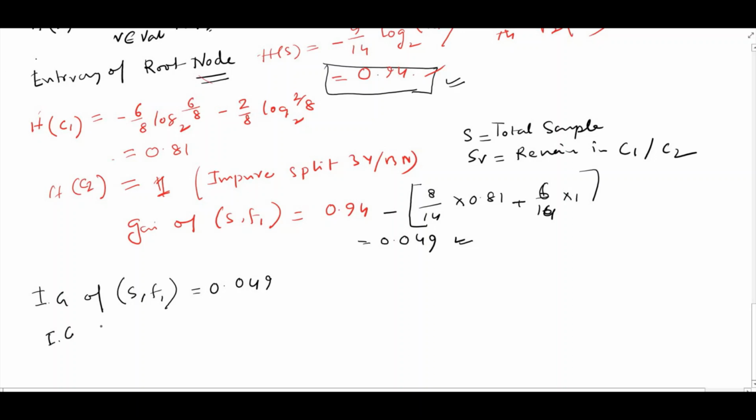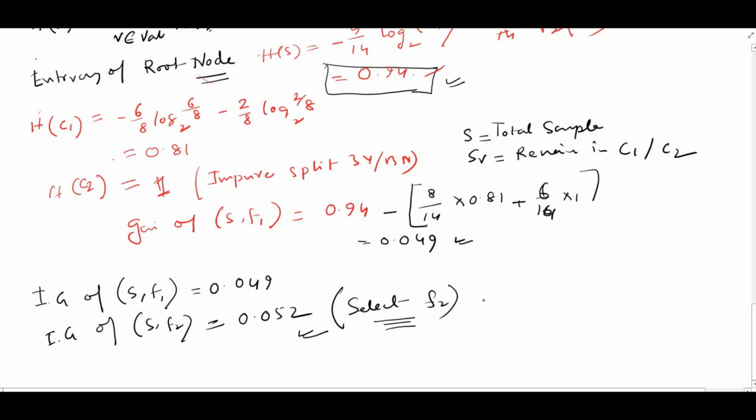And if the information gain of S by F2 is, let's assume, roughly 0.052, and we do the calculation the same way, then we will select this F2 feature. This is very, very important, because the information gain is high for this feature. Information gain is max for F2.